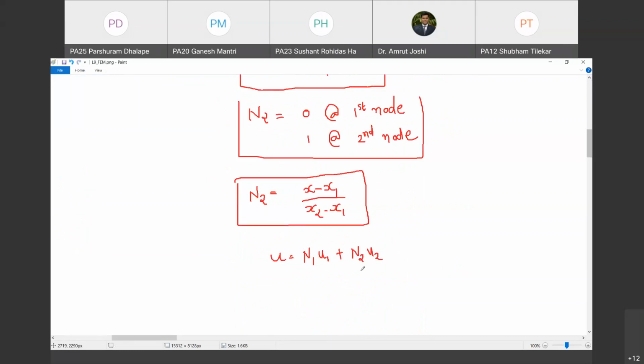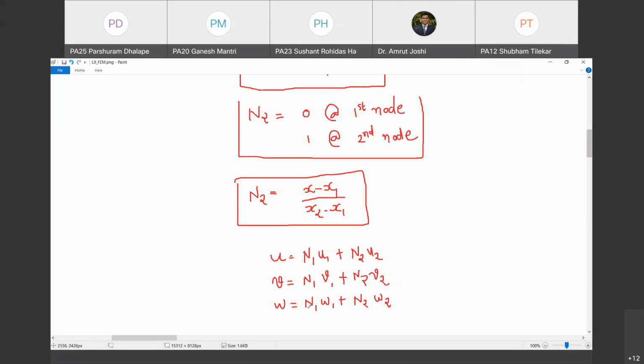Are you with me? चलो देखते हैं whether it is giving me the correct results or not. ये देखने की कोशिश करते हैं. Similarly, y directional deformation at any point in between the element, I am going to write it as n1 v1 plus n2 v2, and z directional deformation, I am going to write it as n1 w1 plus n2 w2.